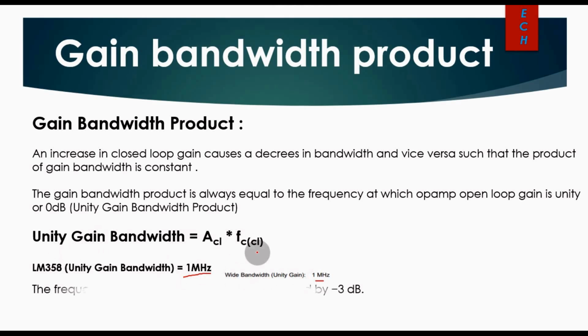The frequency at which your output signal is reduced by 3 dB is related to the gain bandwidth product. So you have to maintain this constant value, otherwise the output will be reduced by 3 dB. I hope you understand the role of gain bandwidth product.